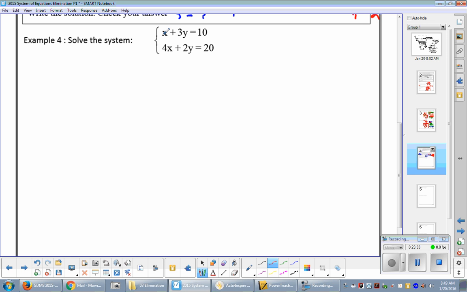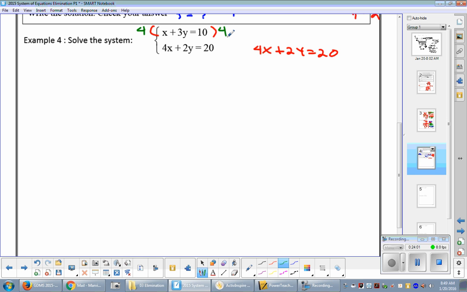So if we can make our x's the same coefficients, we'll be able to eliminate our x. So what should I multiply in to my first equation to get a 4x? 4, very good. So I'll multiply this by 4.